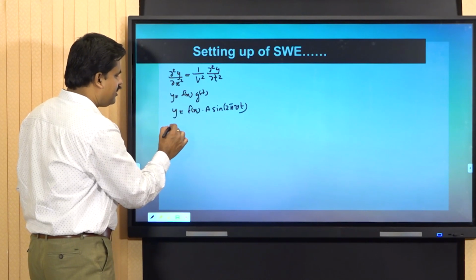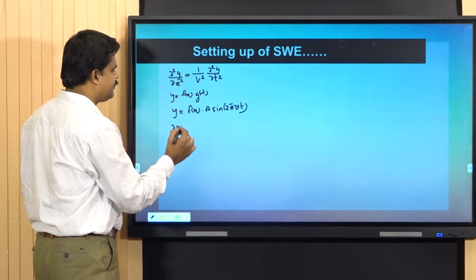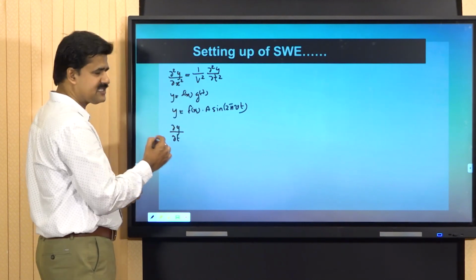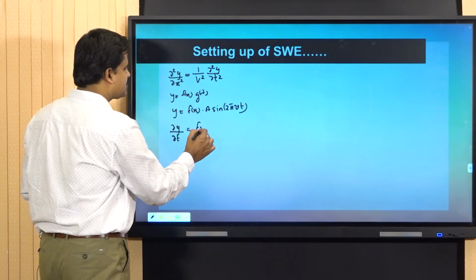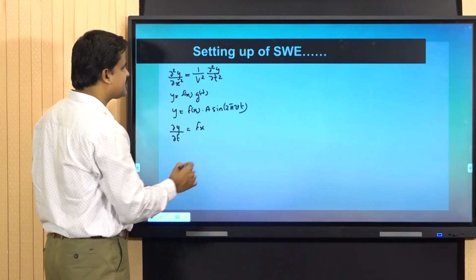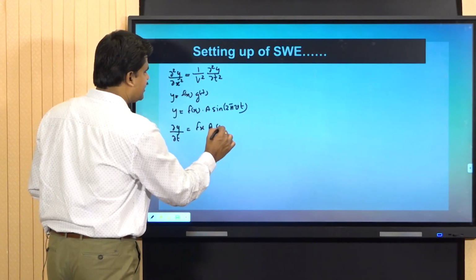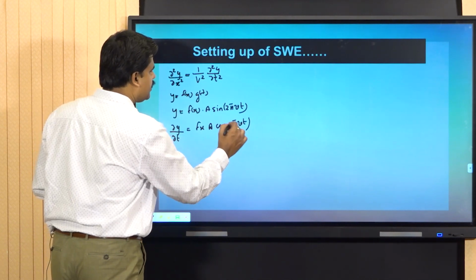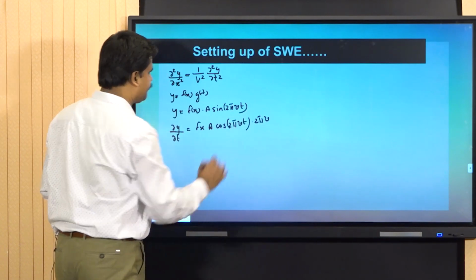Hence, I can do like this, differentiating this quantity with respect to t first, that is ∂y/∂t. Here f of x is a constant, a is also a constant, therefore the result is f of x into a cos 2 pi nu t multiplied by 2 pi nu.